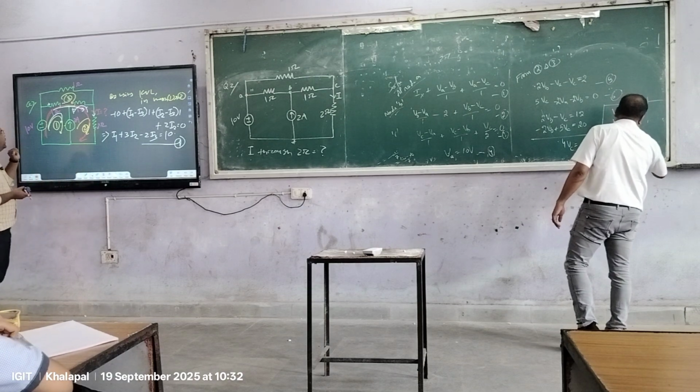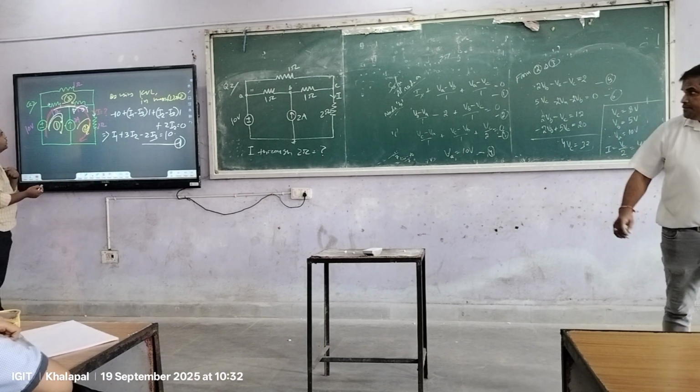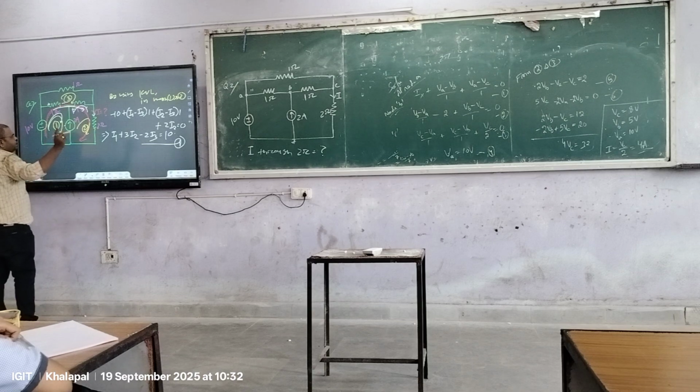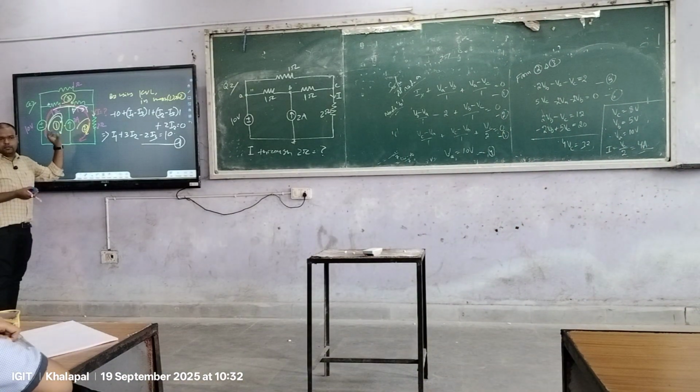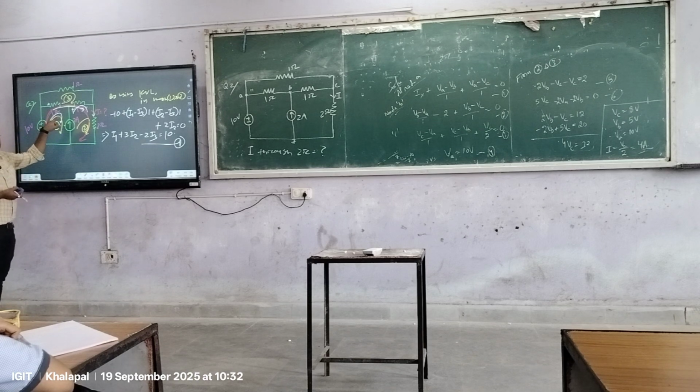Now I'm going to equation number 2. Another equation can also be formed here from this 2 ampere. Is this 2 ampere downward or upward? Upward. That means the net current is in the upward direction.